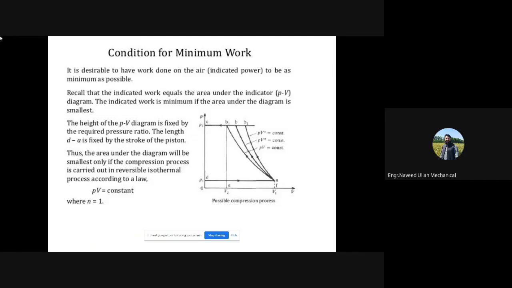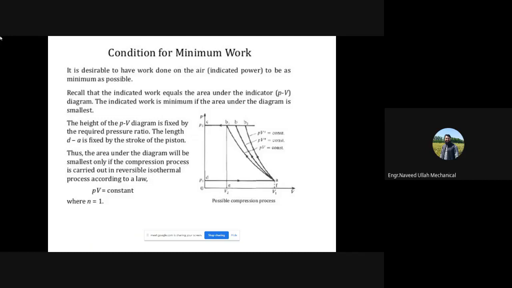Then we talked about how to calculate the indicated work or power, and after that the FAD, that is the free air delivery, etc. Obviously, the important thing for any mechanical installation or machine is the efficiency, so mechanical efficiency.